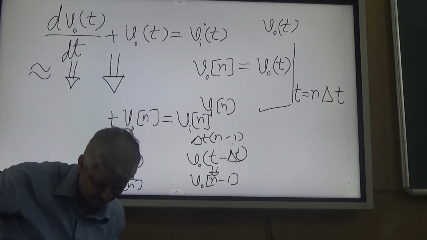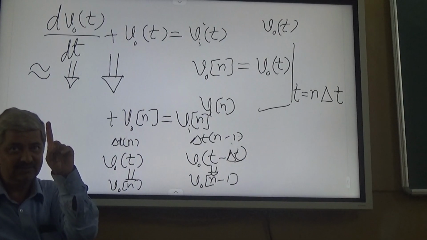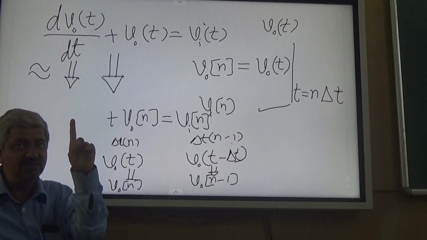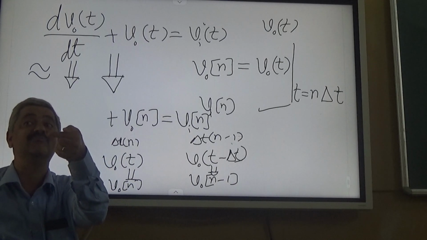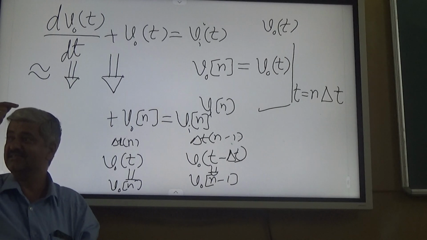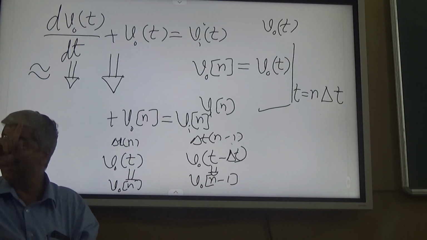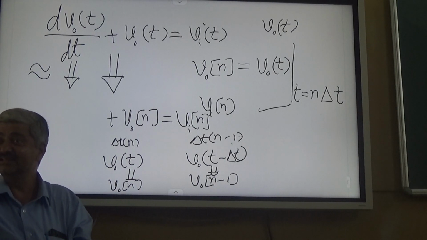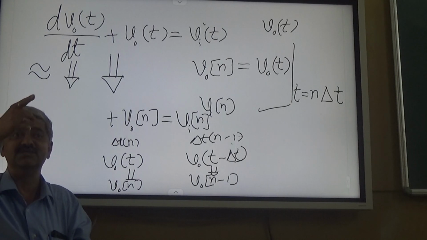म्हणजे what is derivative? Current sample minus earlier sample upon sampling time. Right? What is derivative? Current sample minus previous sample upon sampling time, provided that this sampling time is tending to 0. Is it clear?